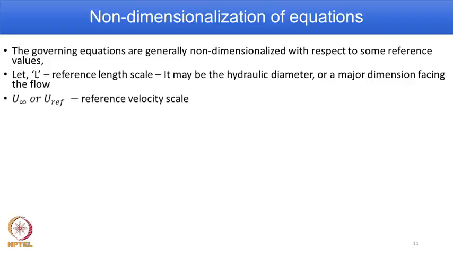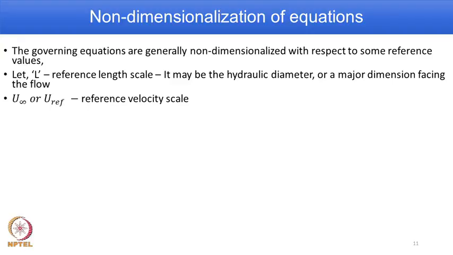Then one also needs to identify the reference velocity scale. Again, if you consider flow through a circular cross section pipe, if the inlet is uniform velocity, then the uniform velocity can be a reference velocity scale.